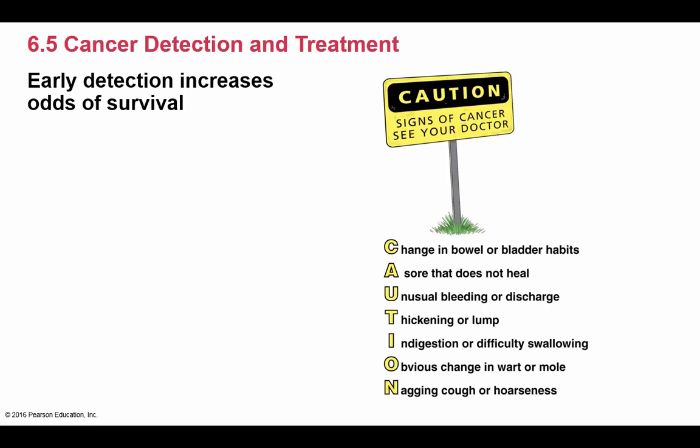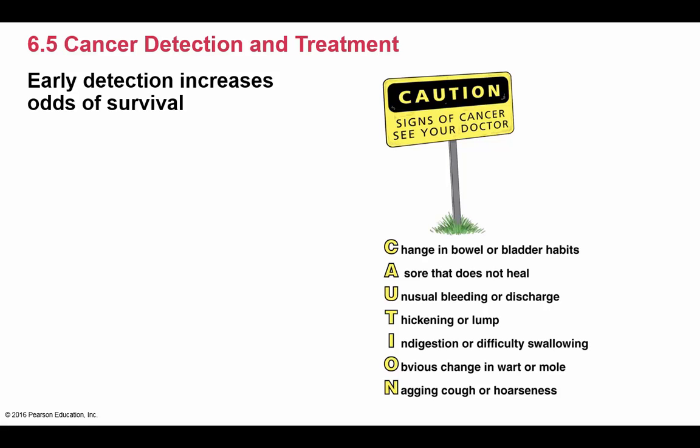The A, for a sore that does not heal. Do you have a bruise that doesn't go away? Or do you have a mass that is sore, or an ulcer that just will not heal? The U, do you have an unusual bleeding or discharge? T, is there a thickening or a lump, for example for breast cancer?